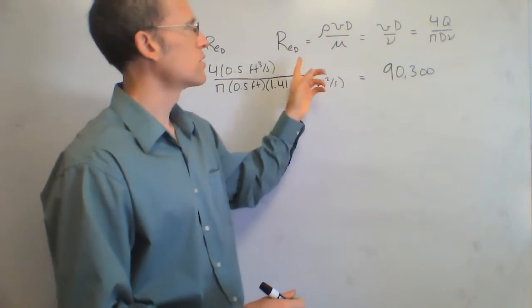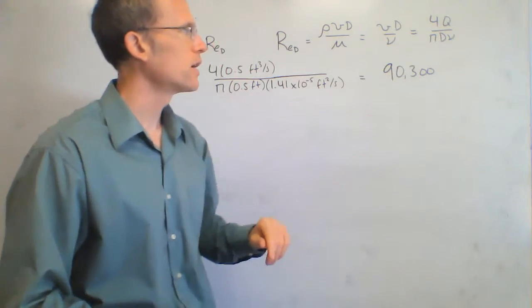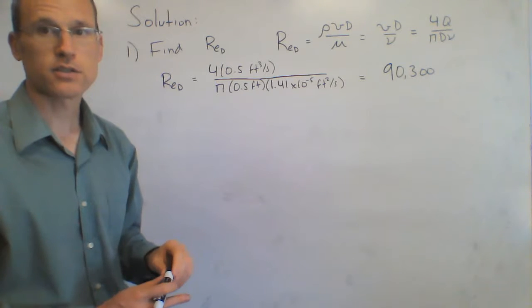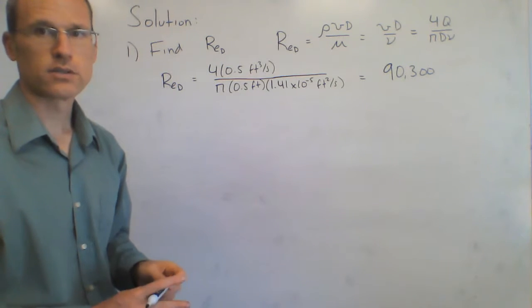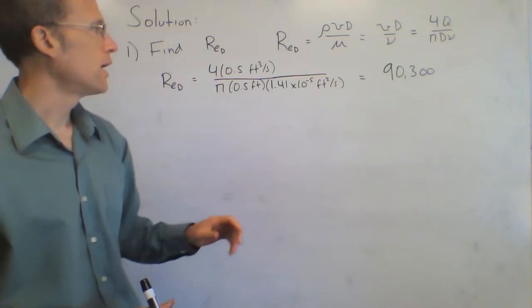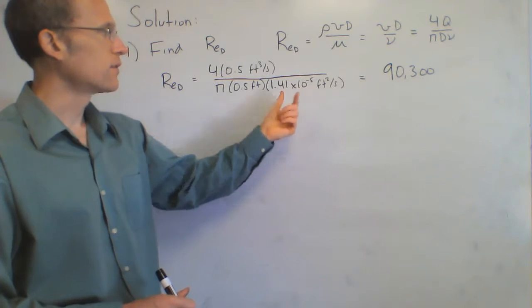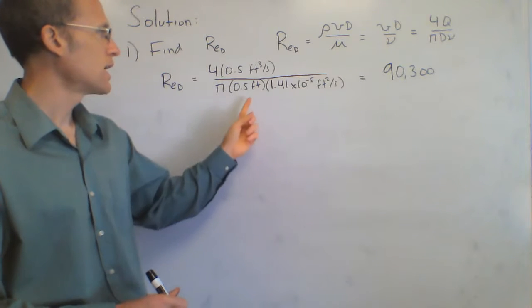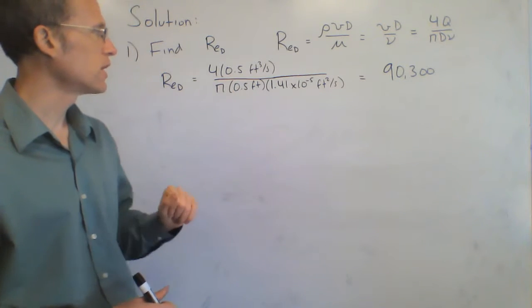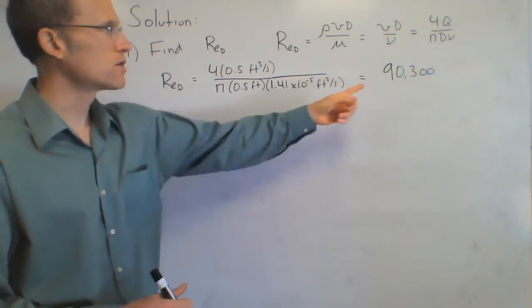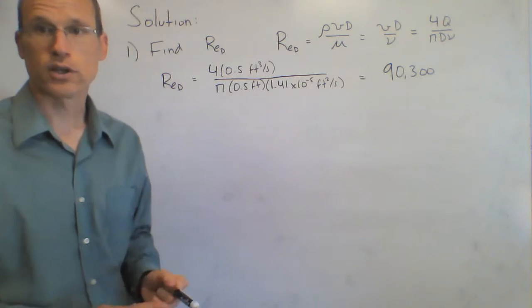So that brings me down to a Reynolds number of 4 times Q over pi d times kinematic viscosity. So I'll look that up in the back of the book for water at 50 degrees Fahrenheit. I end up with 1.41 times 10 to the negative 5 feet squared per second, diameter of 6 inches, half a foot, pi, flow rate 0.5 cubic feet per second, gives me a Reynolds number of 90,300.